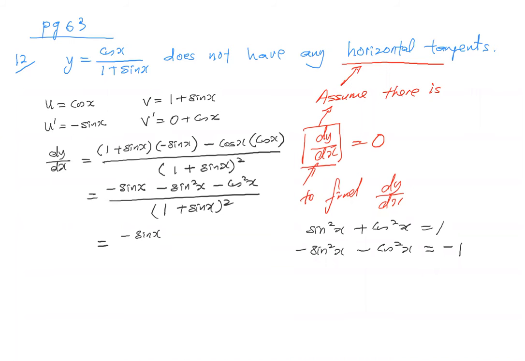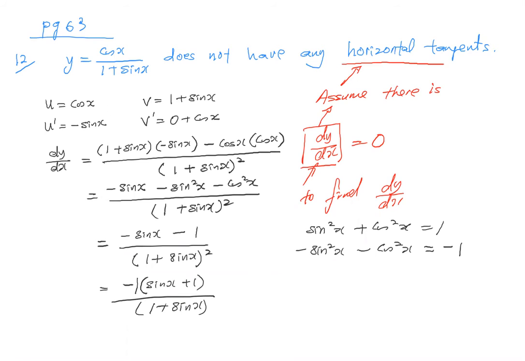Can I say like that? Okay, so negative 1 divided by 1 plus sin X. So I take the negative 1 out. So it's sin X plus 1 divided by 1 plus sin X squared.